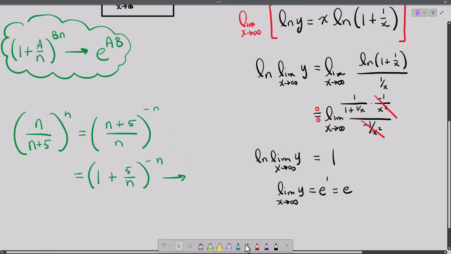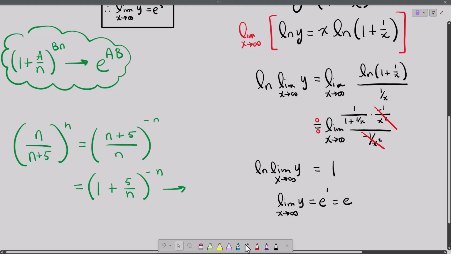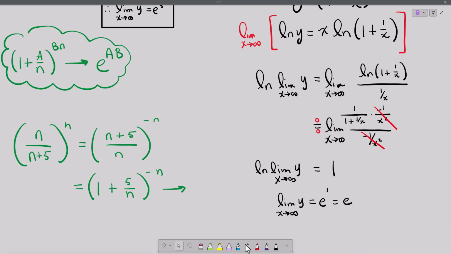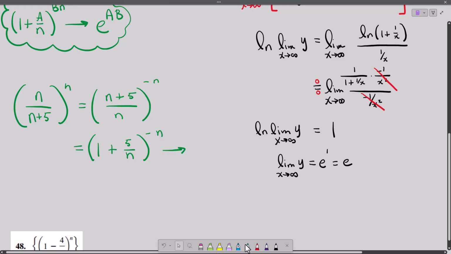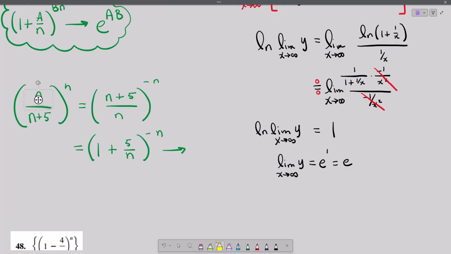Well, if we use our general exponential limit, if this is a plus, that's an a, that's a b, all you do is form the quotient, product, a times b. A is 5. B is -1. So this is going to be e to the negative 5.